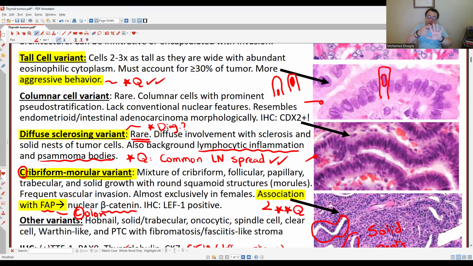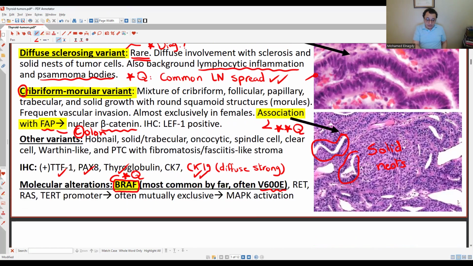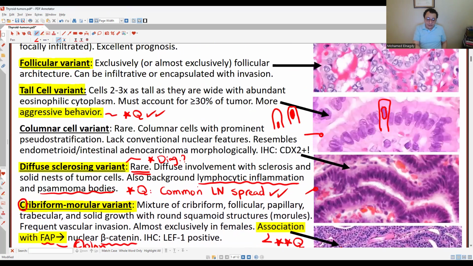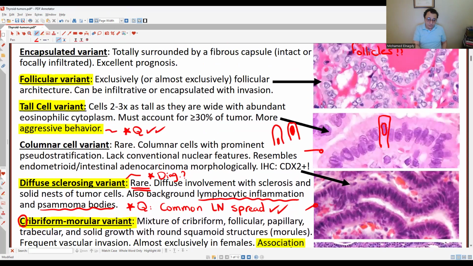So again, papillary, lymphatics. Follicular, hematogenous. Anaplastic, local. Medullary, both lymphatics and hematogenous.